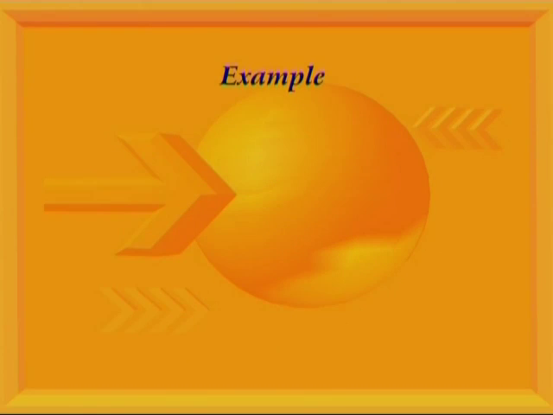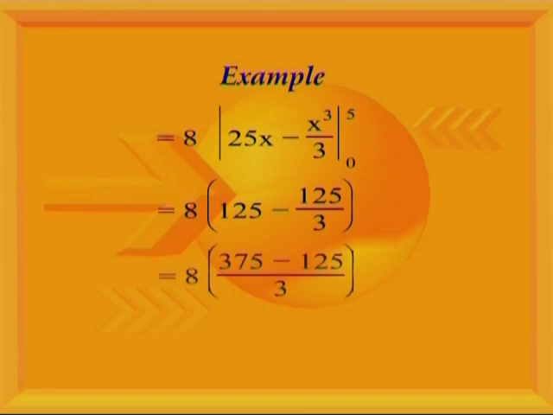Integration of 25 is 25x. Integration of x square is x cube over 3. So we get the integral 25x minus x cube over 3, and the limit from x is equal to 0 to 5. Putting this limit and after multiplying by 8 and after doing this simplification, we get the result that volume is equal to 2000 over 3.